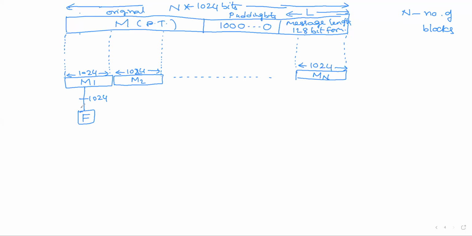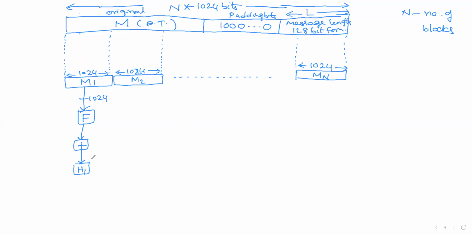We give the plain text block as input to the round function, and its output is given as input for the addition modulo 2 power 64 operation. Here it produces the output, which is nothing but the hash code generated for plain text block M1. Actually, this is H1.